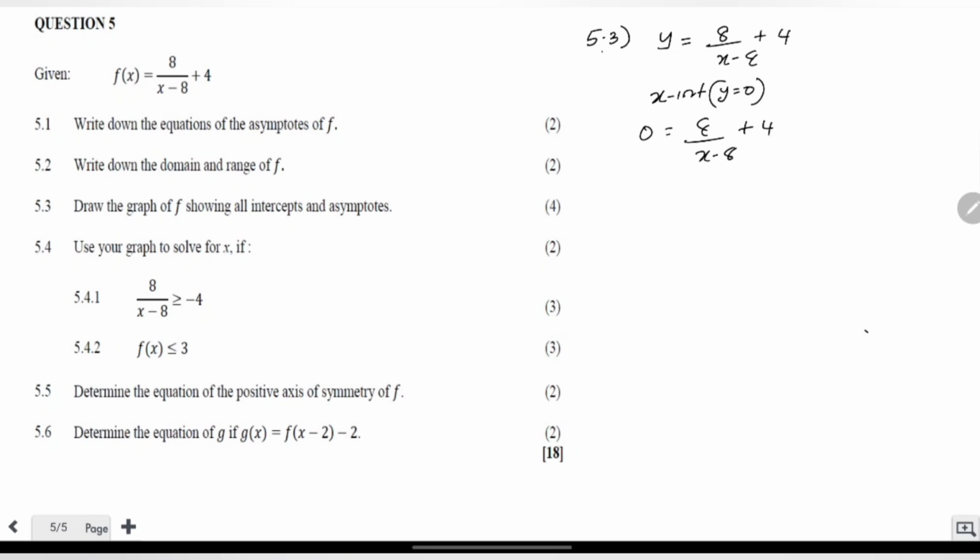Now you have to solve and find the value of x. So you send the 4 to this side, that is minus 4 is equal to 8 divided by x minus 8. Now you send the x minus 8 to the left hand side, that is minus 4 bracket x minus 8, don't forget the bracket is needed, why? Because you are sending a binomial, is equal to 8.